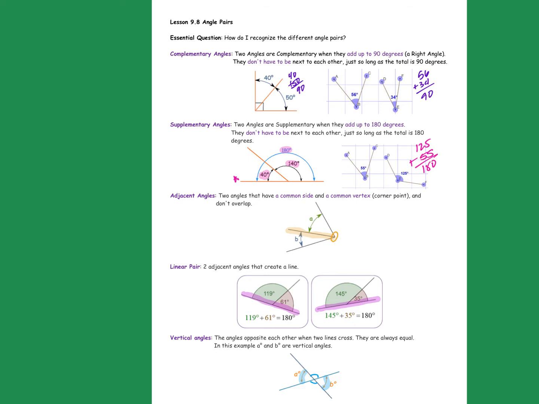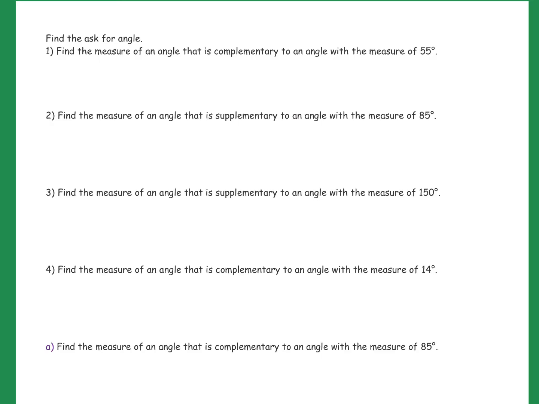On the second page, it just says find the asked for angle. So we're going to see what they want us to find and then find it algebraically, okay? The first one says find the measure of an angle that is complementary to the angle with a measure of 55. So what does complementary mean? They add to be 90 degrees.